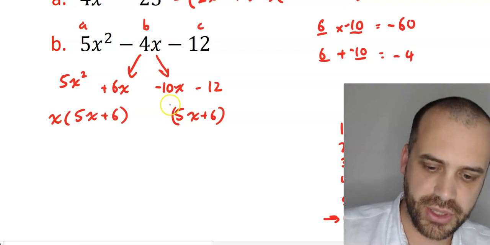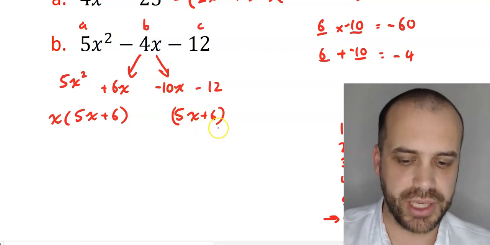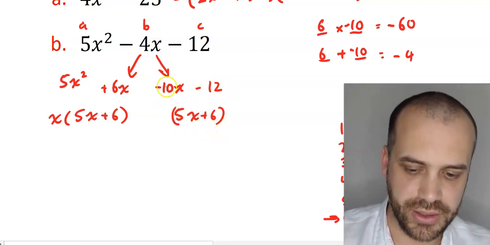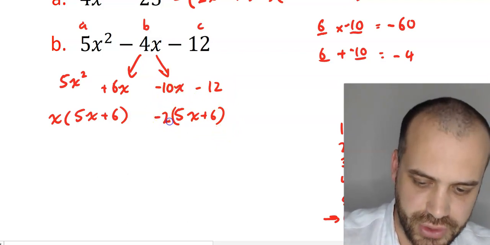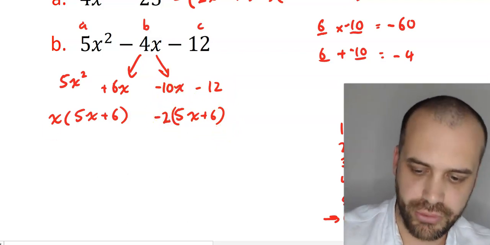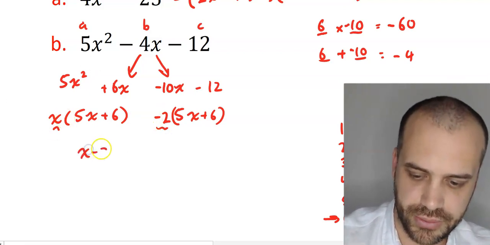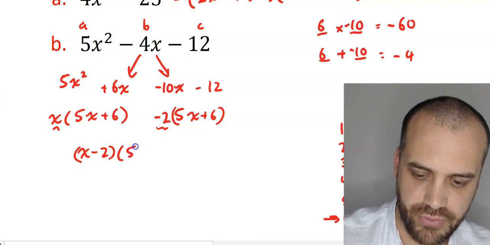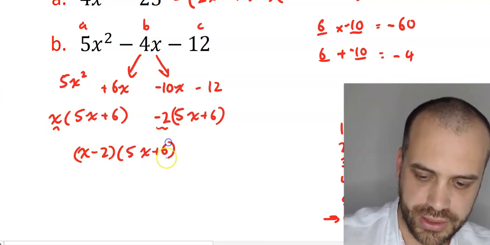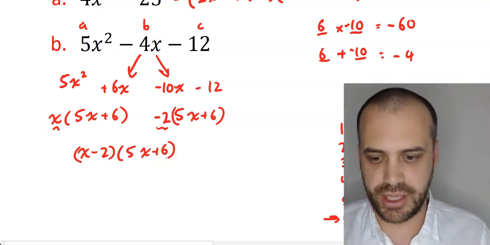And then I need to ask myself, what do I multiply 5x plus 6 by to make this? And the answer is negative 2. And finally, I group this, and I get x minus 2 times 5x plus 6. Alright, that's the AC method.